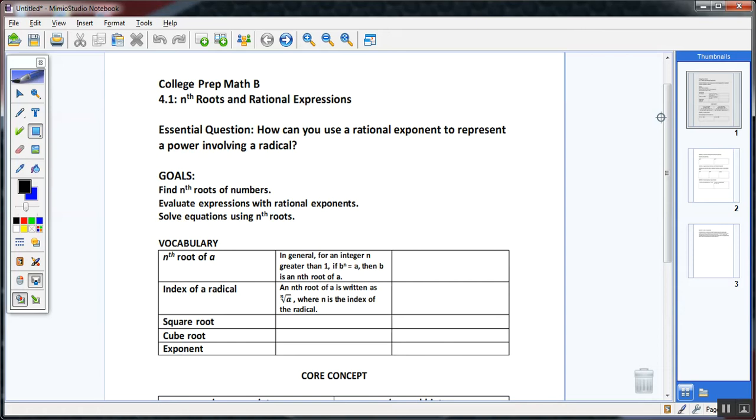Anybody know what a radical is? Besides you guys being radical, anybody else know what a radical is? Kind of. You know that silly sign they make when we do square roots?